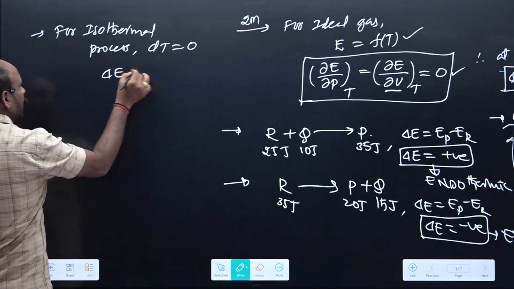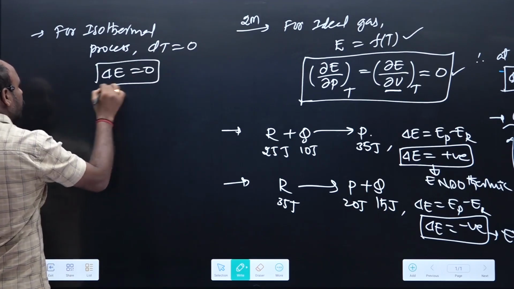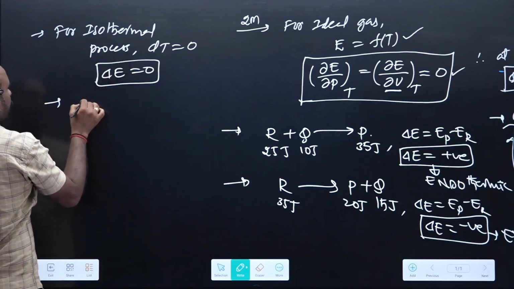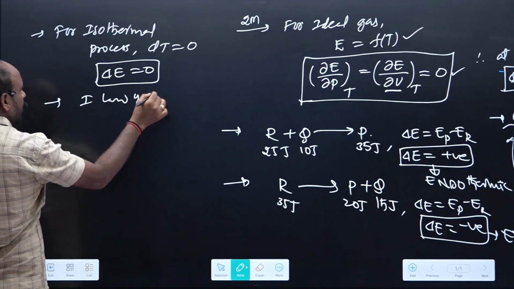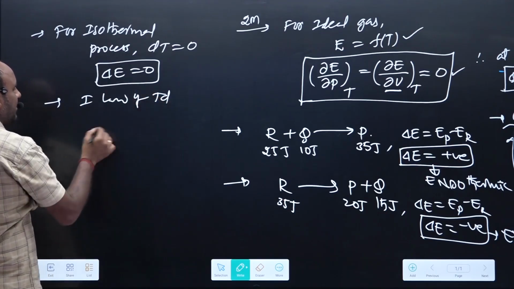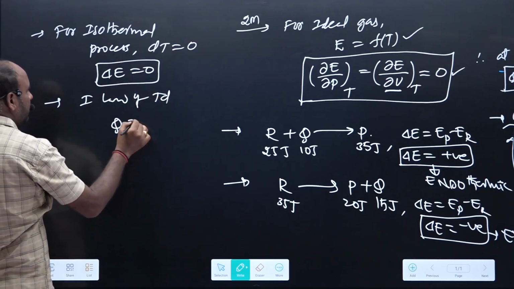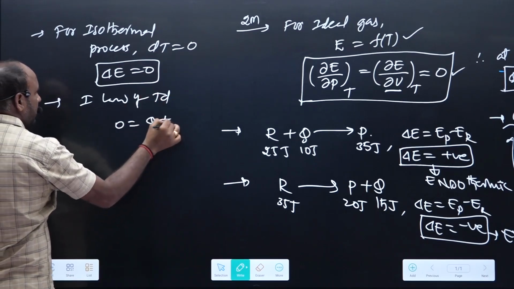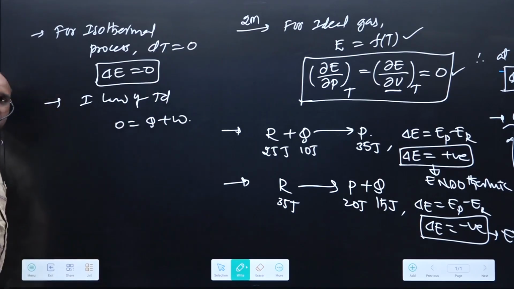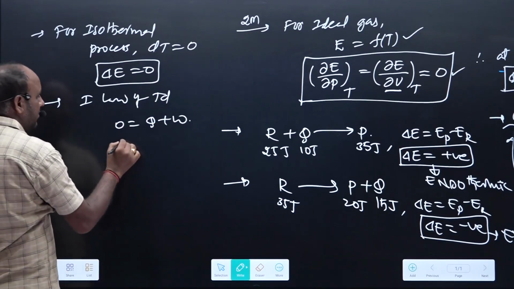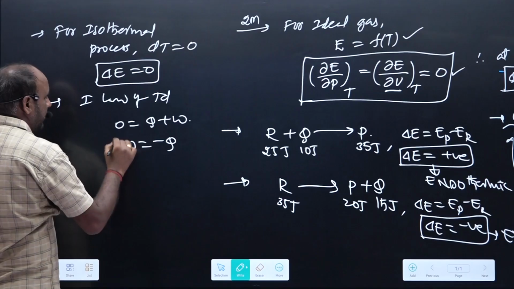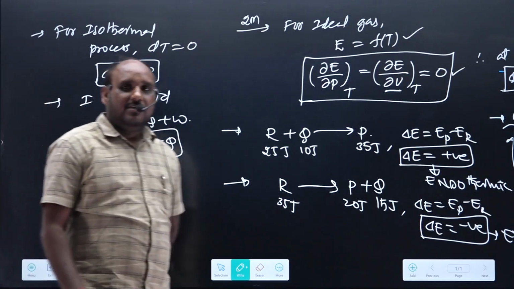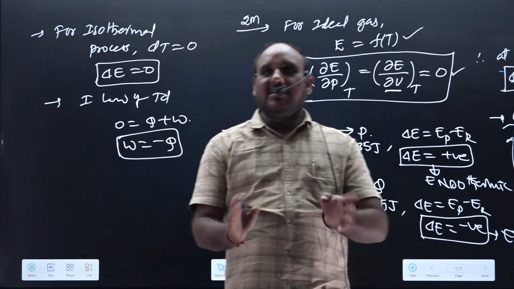Therefore delta E also becomes 0. When delta E is 0 for an isothermal process, from the first law of thermodynamics, internal energy is 0 means what about Q? Delta E, 0, is equal to Q plus W, right? So therefore W is equal to minus Q, right?